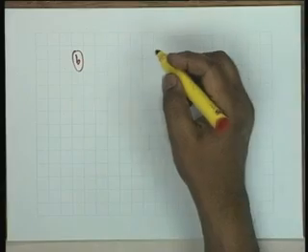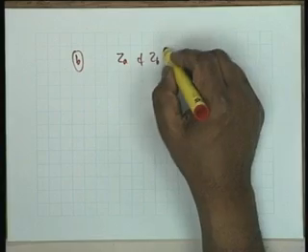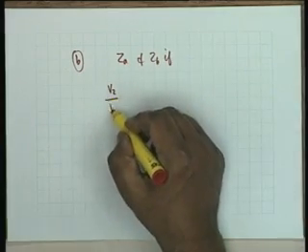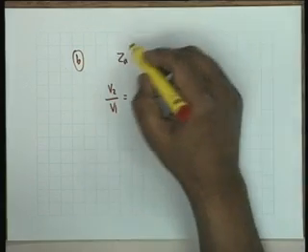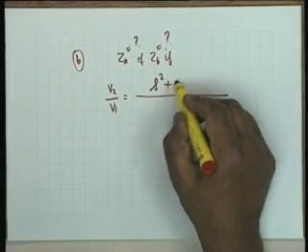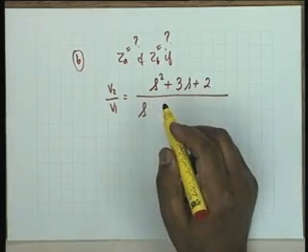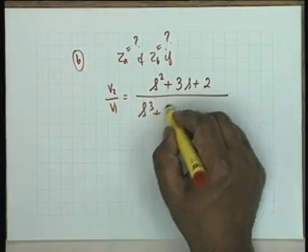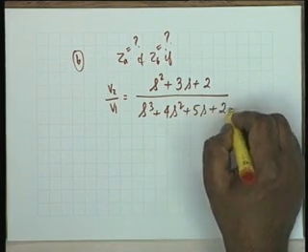Part B says synthesize ZA and ZB if V2 by V1 is equal to (S squared plus 3S plus 2) divided by (S cubed plus 4S squared plus 5S plus 2).